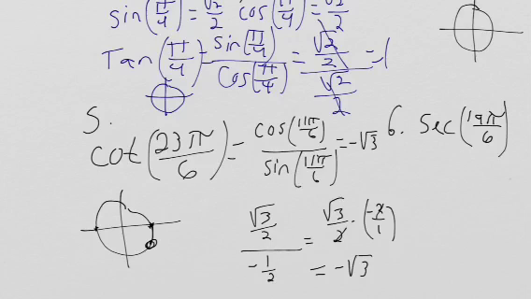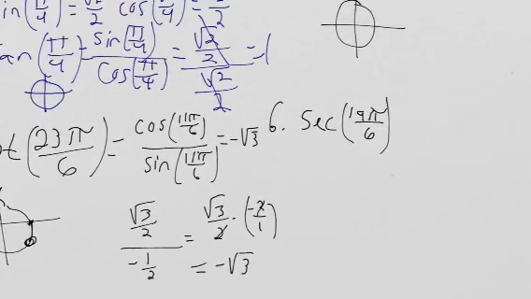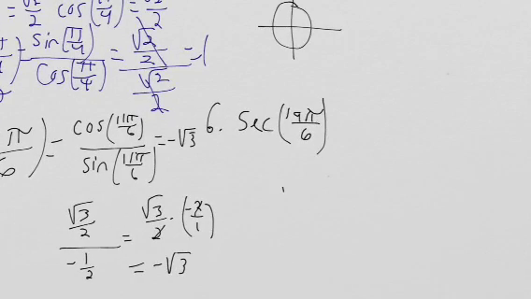Okay. Alright, next one. Secant of 19 pi over 6. Same kind of deal here. This is 6 pi over 6, this is 12 pi over 6, this is 18 pi over 6. So we're down here for 19 pi over 6, which is the third quadrant where only tangent's positive. So secant, which is 1 over cosine, is going to be negative.